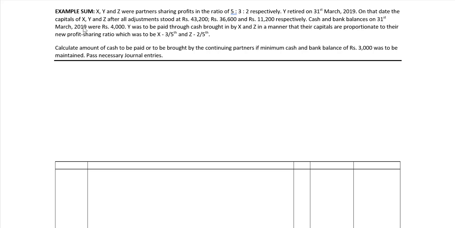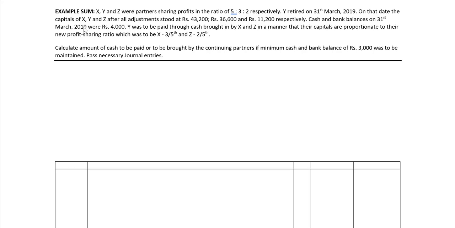On that date, the capitals of X, Y and Z after all adjustments stood at rupees 43,200, rupees 36,600 and rupees 11,200 respectively. Cash and bank balances on 31st March 2019 were rupees 4,000.